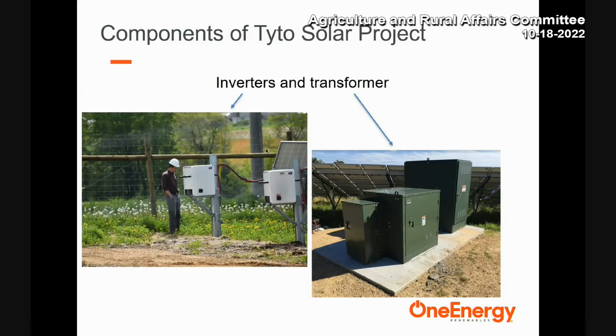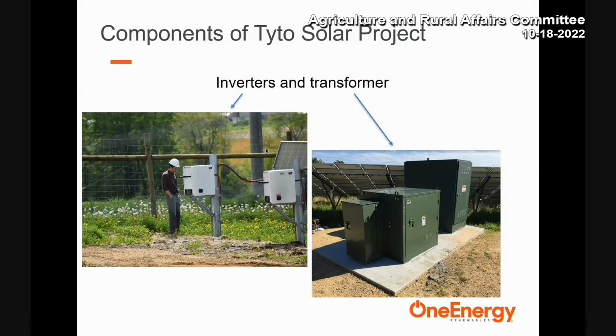The inverters that we're planning to use, this is another difference, I guess, between this project and the O'Brien Fields. O'Brien Fields had central inverters, which are quite a bit larger, and they set on a concrete pad. Our inverters for this project are called string inverters. They're smaller, and they're mounted on pilings that look very similar to the pilings that we're using for the rest of the project.